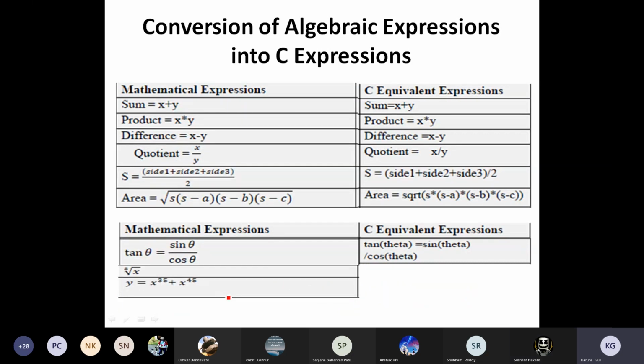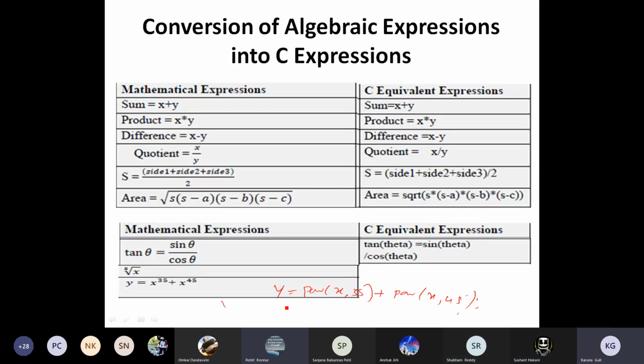So write for this also. Y is equal to power of x, comma 35, plus power of x, comma 35, plus power of x, comma 45.